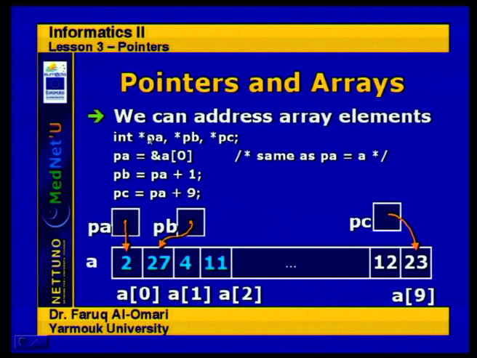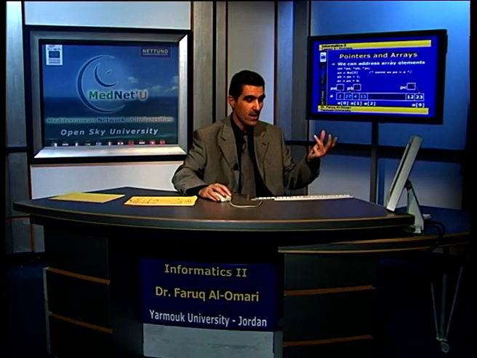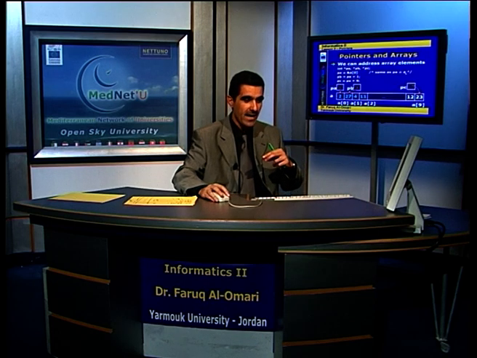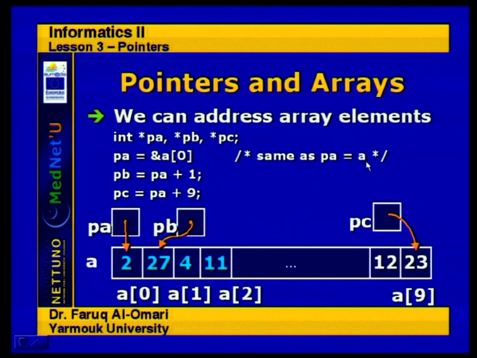PA, this pointer, contains the address of A0. This is the same as saying PA equals A. So PA is now a pointer that points to the memory at this particular address, and that's the address of the first entry in the array, which is A0.